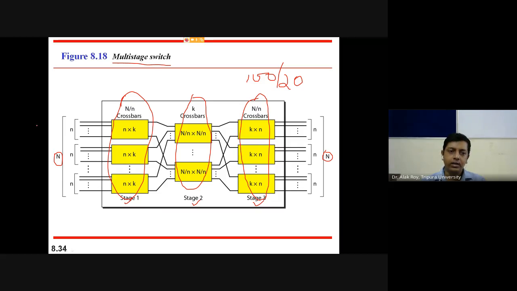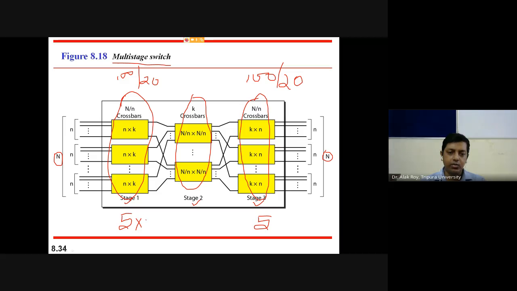Okay, so here also 100 divided by 20. How much? Say for example it will use 5 switches. So 5 inputs cross how much output?